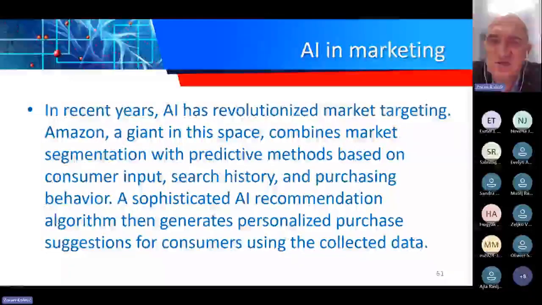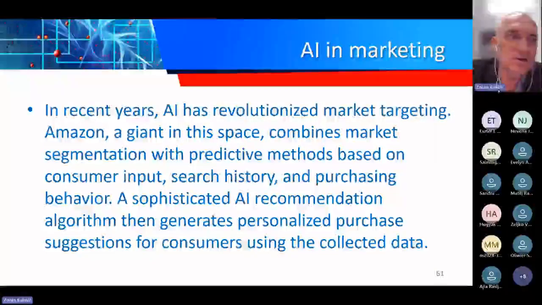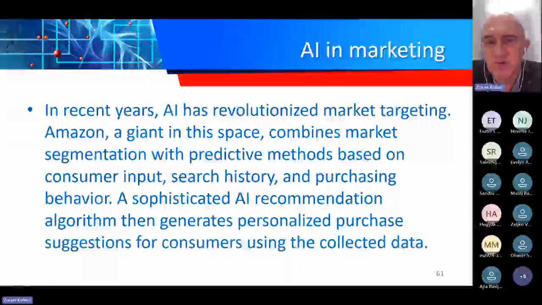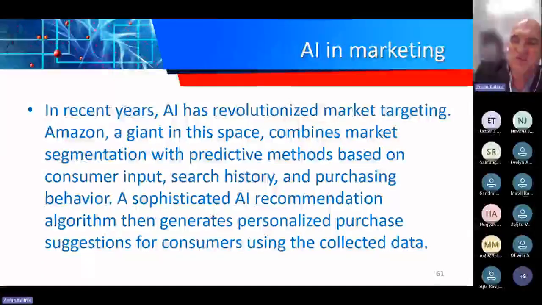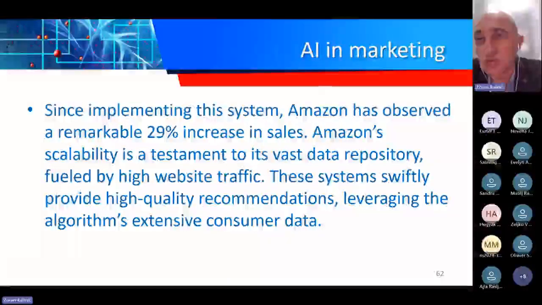So for them, it's very easy to know something about you and to add you to some segment using these sophisticated algorithms. And then based on your behavior, they can give some very personalized suggestions and predict what you could be interested in.